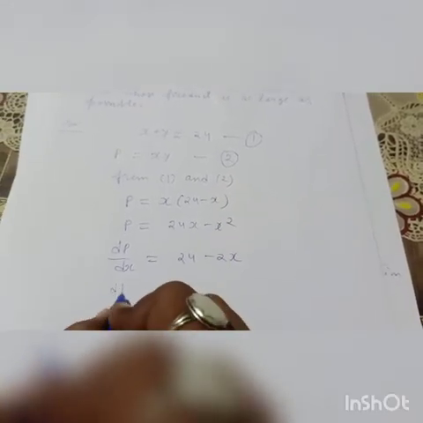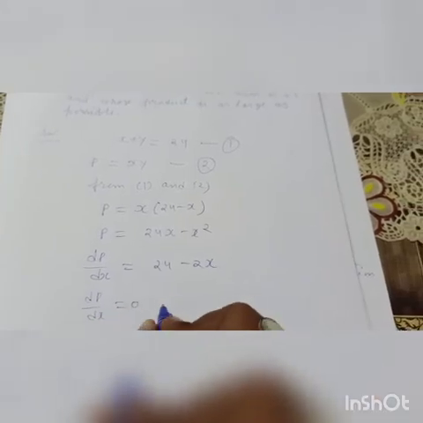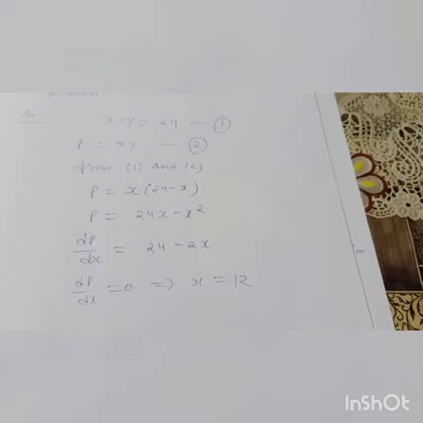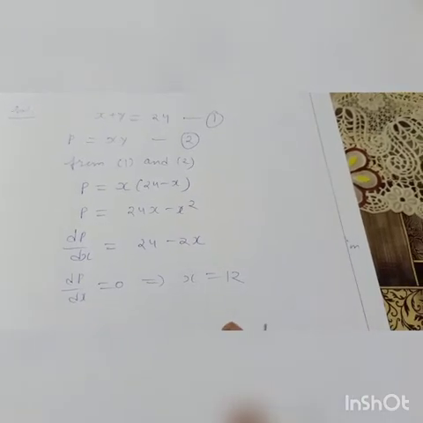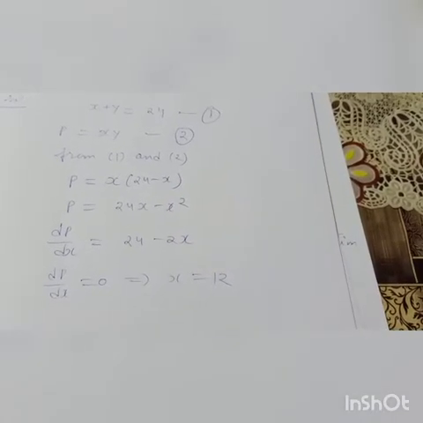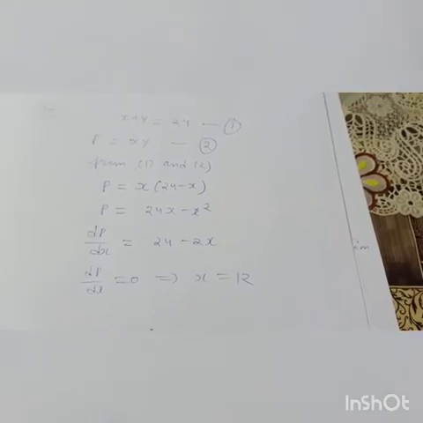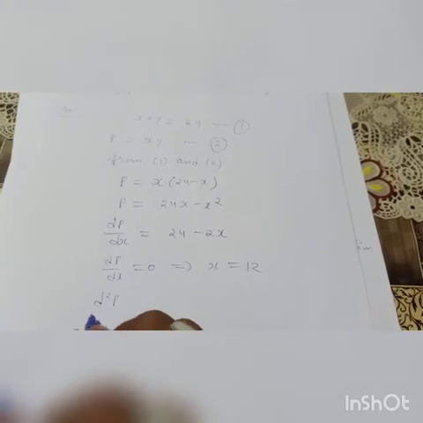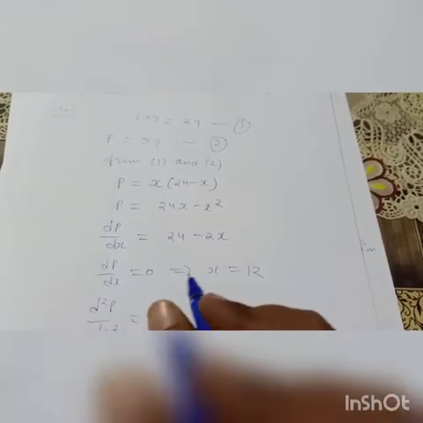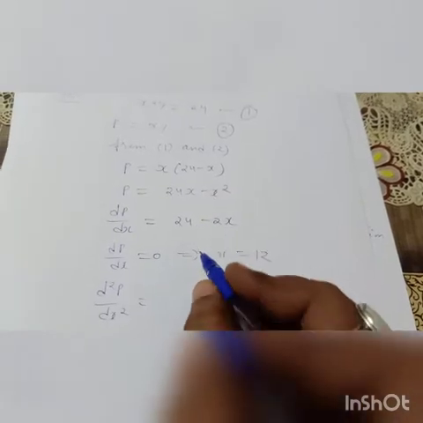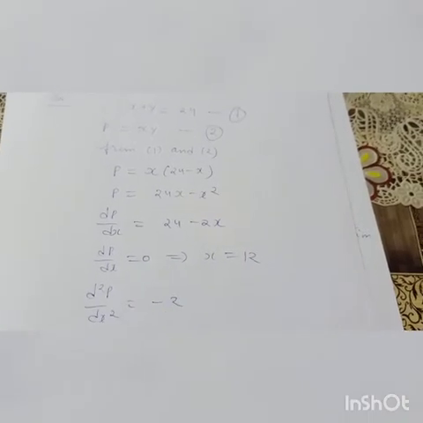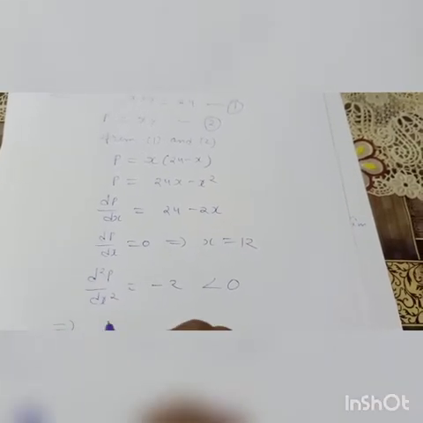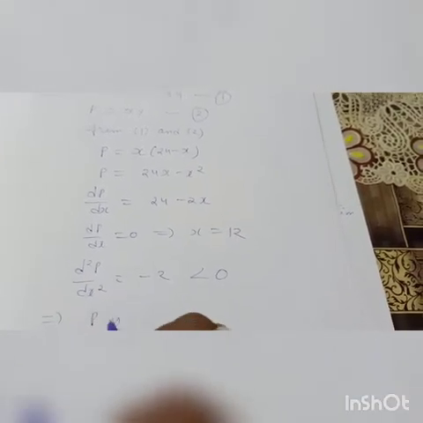If we put dp by dx equal to 0, we will get x equals 12. So this is our critical point, where p will be either maximum or minimum. Let's see what the case is. Now we will find d2p upon dx square. It comes out to be minus 2. Since it is negative, this implies p is maximum.